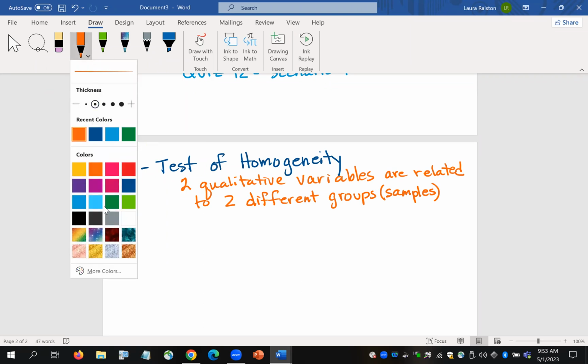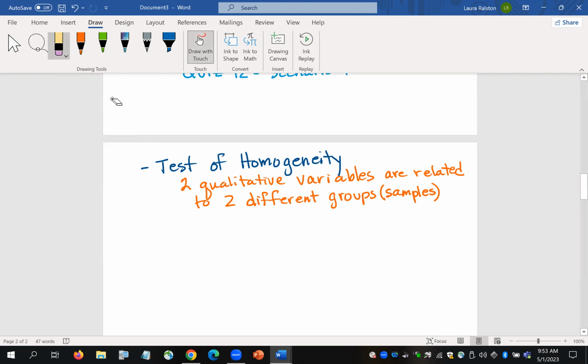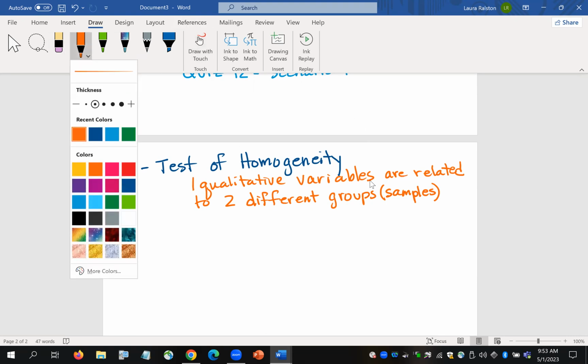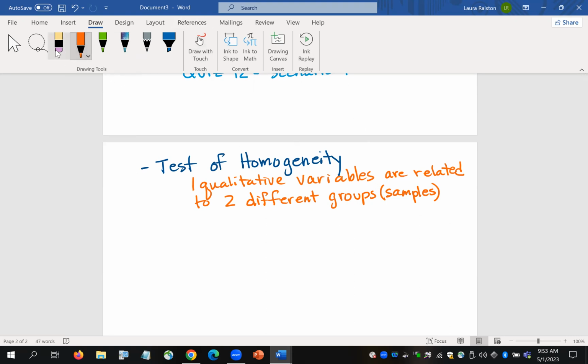Actually, I think I said that wrong. It's one qualitative variable related to two different groups, because you're trying to see if the two groups are the same. This one, you'll also see phrases like proportion, because you're trying to look at the proportions for the different groups.